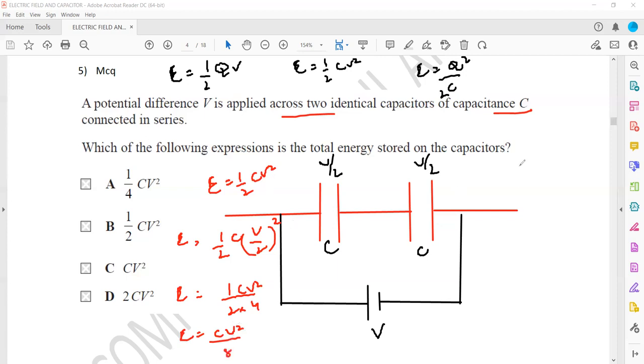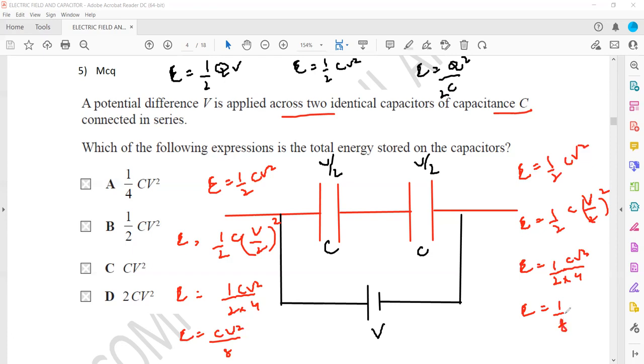In the same way, the energy stored in the second capacitor is half C into V by 2 whole square, which simplifies to half CV square by 4, or CV square by 8.